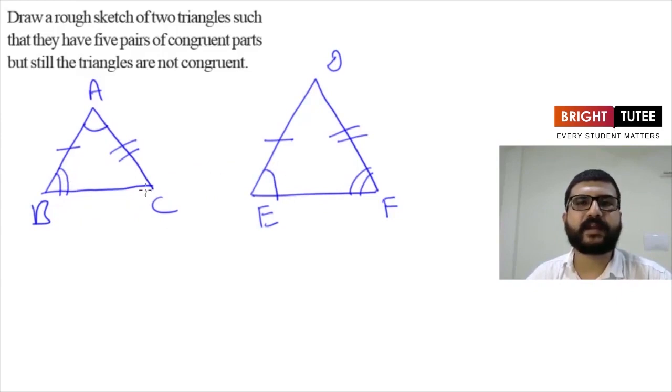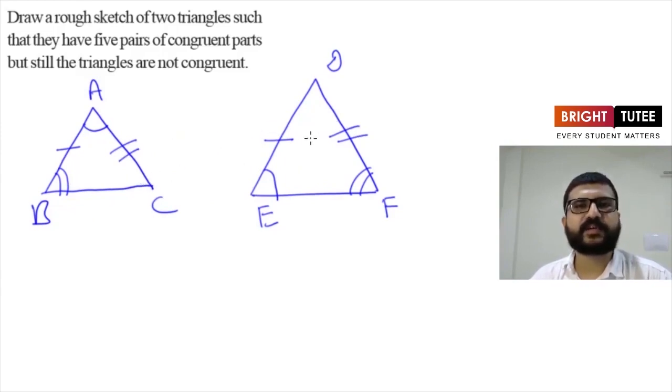Now see here, till now none of the congruency criteria is followed. We can't use SSS because all three sides of one triangle are not correspondingly equal to all three sides of the other triangle. We can't use SAS because two sides of one triangle are equal to two sides of the other triangle, but the angles included between these sides are not equal.